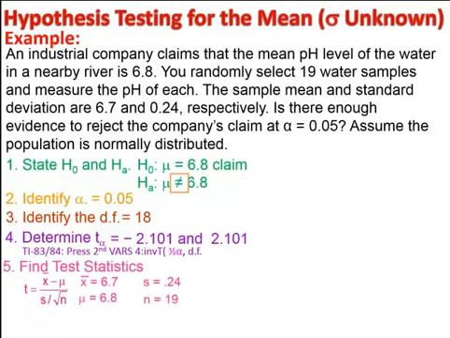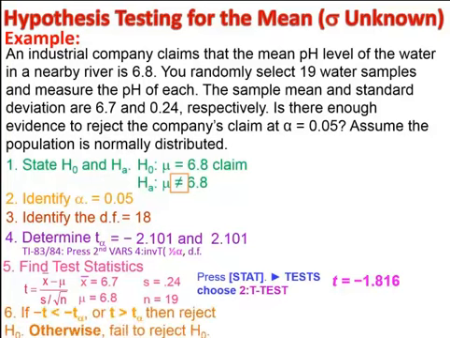Now we're going to find our test statistic by entering it into the calculator, and you're going to enter all the information from the problem. So in this case, we ended up with a test statistic of a negative 1.816.